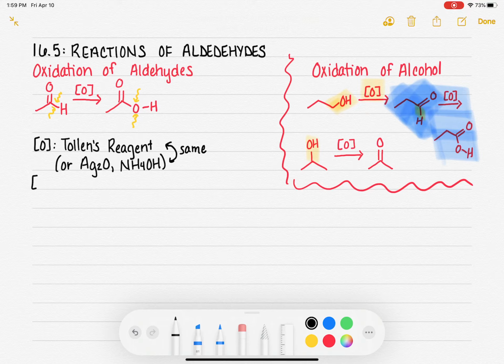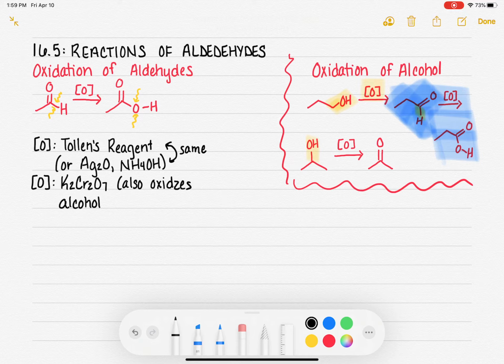And our other option for oxidizing is K2Cr2O7, potassium dichromate. Potassium dichromate also oxidizes alcohols.